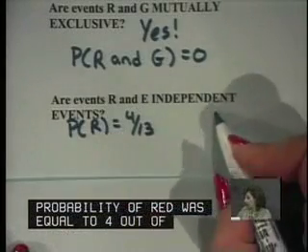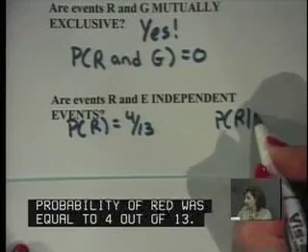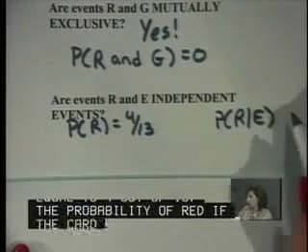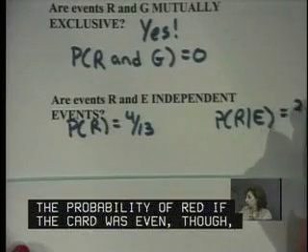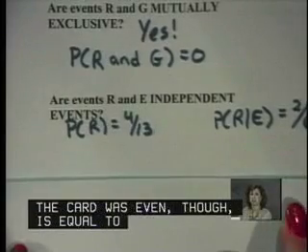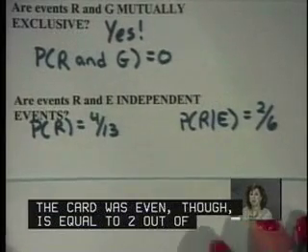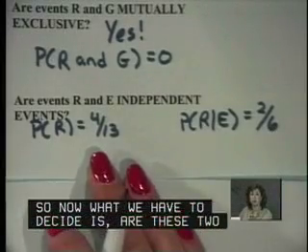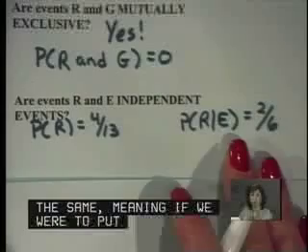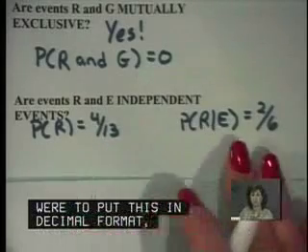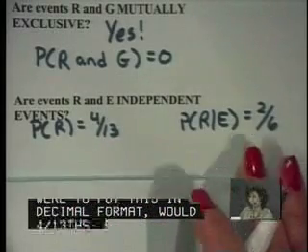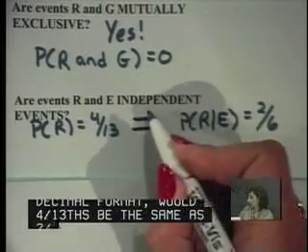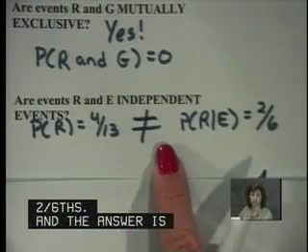The probability of red, if the card was even, though, is equal to 2 out of 6. So now what we have to decide is, are these two the same? Meaning, if we were to put this in decimal format, would 4/13 be the same as 2/6? And the answer is no, they are not the same.